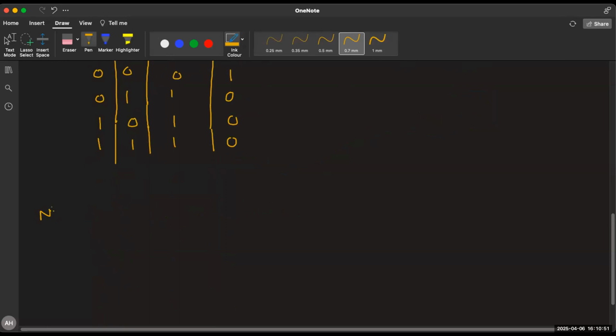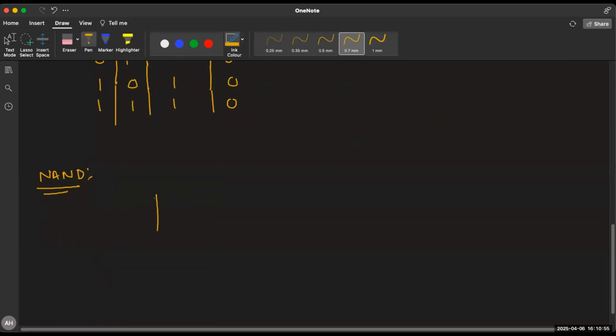After the NOR gate, the next gate is the NAND gate. In the NAND gate, we have an AND gate. This is input A, this is input B. This is the output of the AND gate, which is A and B. At the output of the AND gate, you have a NOT gate.